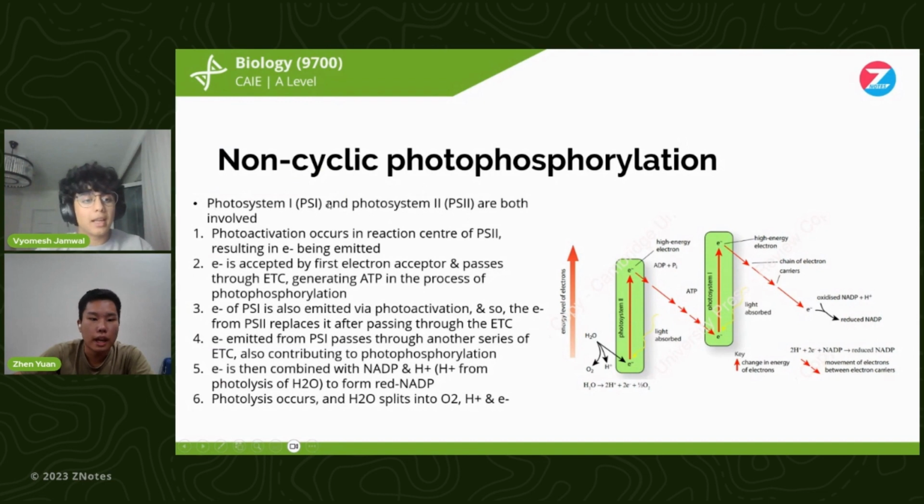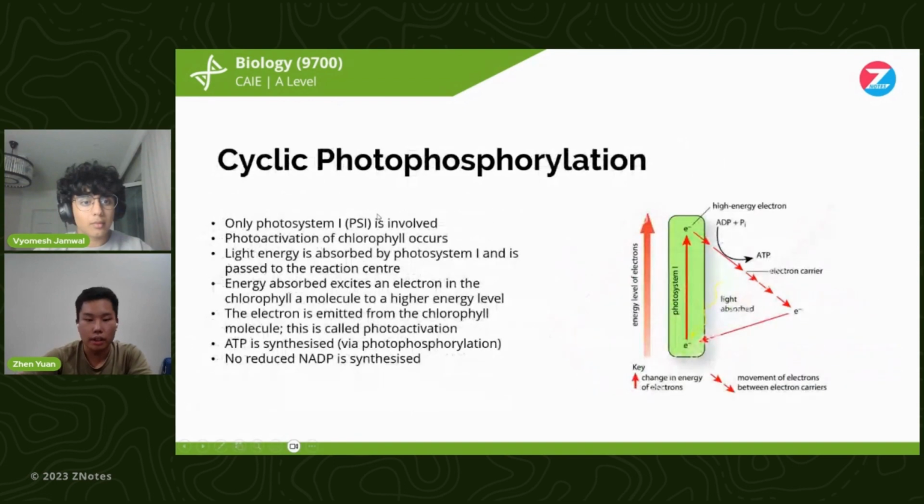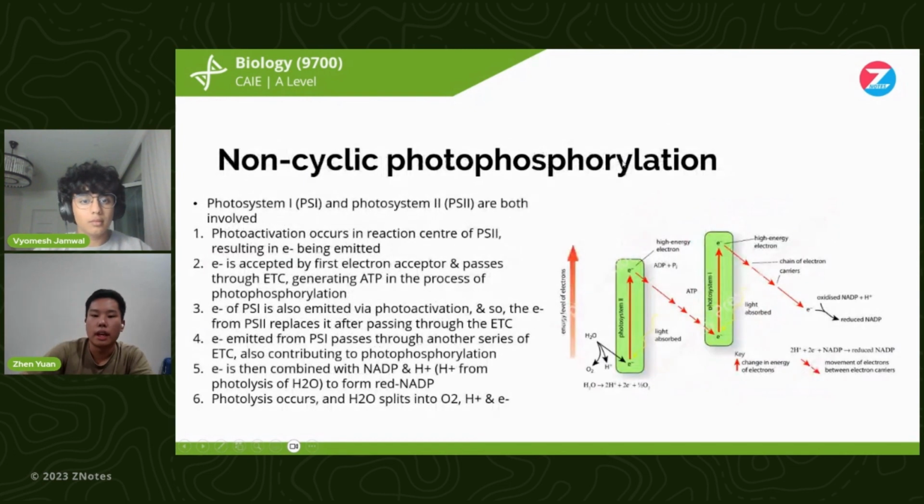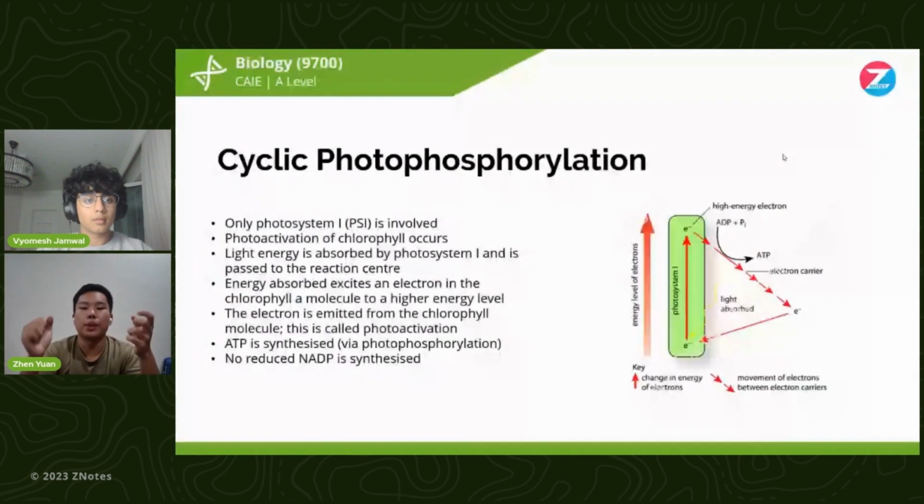By the way, in the previous slide, does photolysis not occur? Yes, photolysis actually does not occur in cyclic photophosphorylation, but does occur in your non-cyclic photophosphorylation. Why is that? Well, the entire purpose of photolysis is to split water into oxygen, hydrogen ion, and an electron.